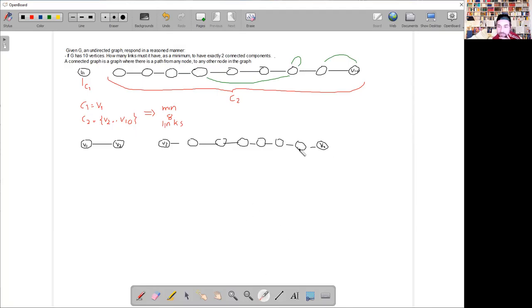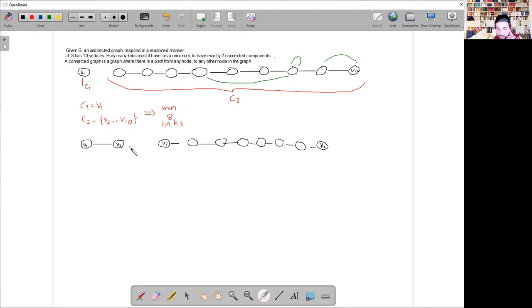Okay, so if we had a disconnected component with 2 nodes, that means that neither B1 nor B2 could be connected to the other connected component, right? Because we want to have 2. So as you can see, we have removed one link from the right connected component, and we have added that link to the connected component on the left.